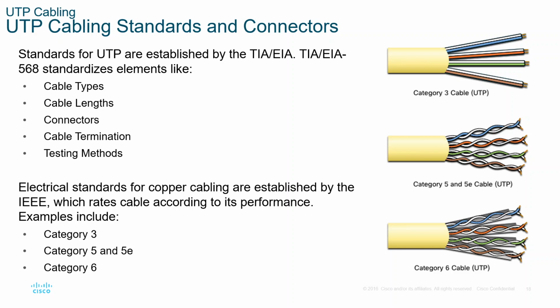Obviously, the higher category would be more expensive because it carries signal faster. So it depends on your budget, how much money you want to spend. If you want 10 gigabit per second, you need to go with category 7 cable, and obviously it will be more expensive. All right.